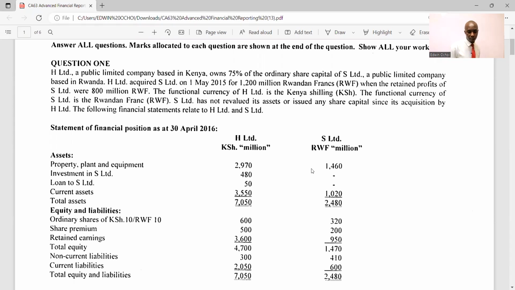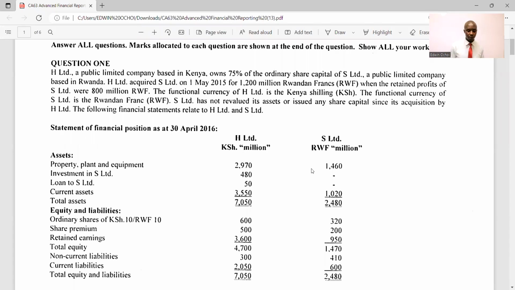H Limited acquired S on 1st May 2015 for 1,200 Rwandanese francs, when the retained profit of S was 800 million Rwandanese francs. The functional currency of H Limited is Kenyan shillings. The functional currency of S is the Rwandanese franc.